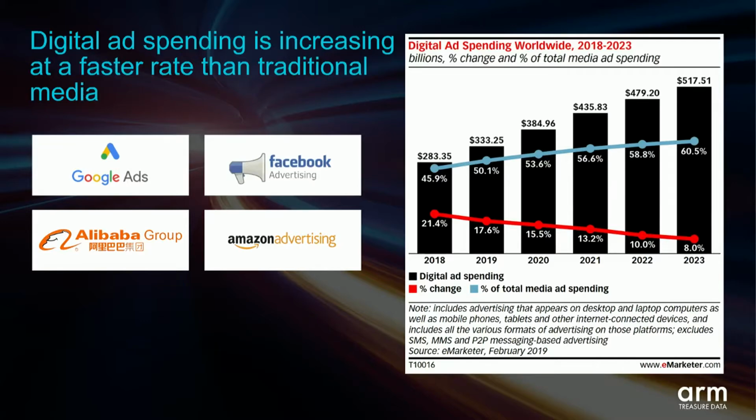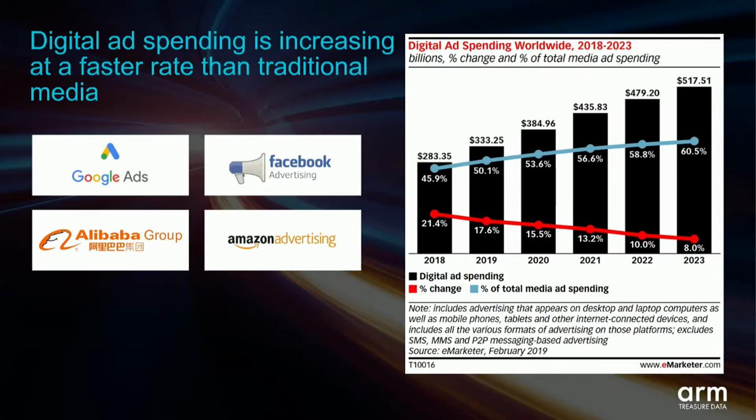Digital ad spend has been growing and growing. You'll see here from the statistics from eMarketer.com that digital spend, while still growing, is growing at a slower pace. That's what they're forecasting. But we'll hit a benchmark this year in that digital ad spend overall is going to take over as a majority of spend from traditional channels.